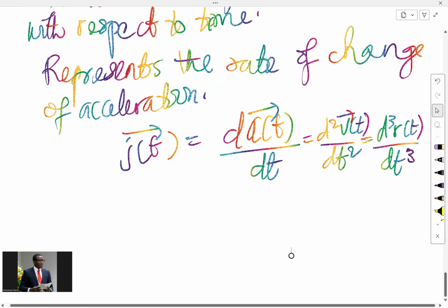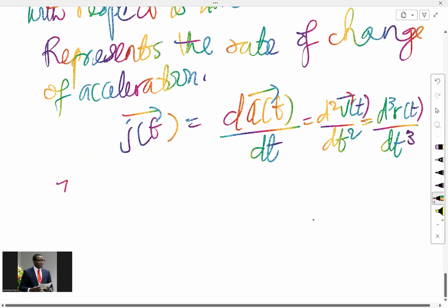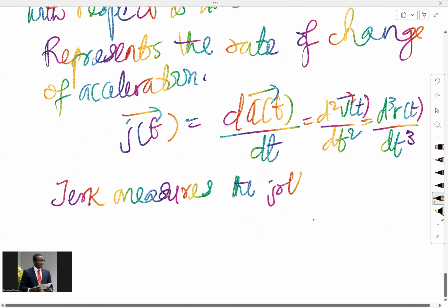I think it's important to add it. So jerk measures the jolt, what is called the jolt, experienced by an object.